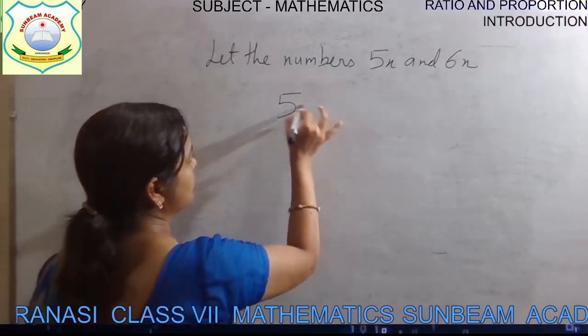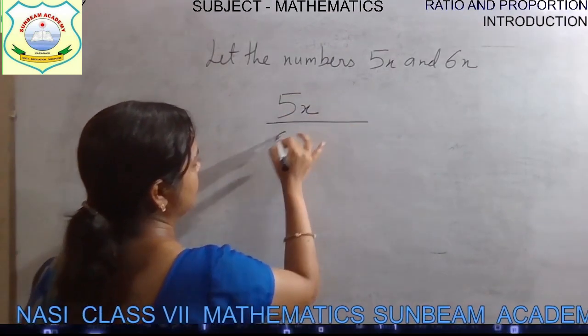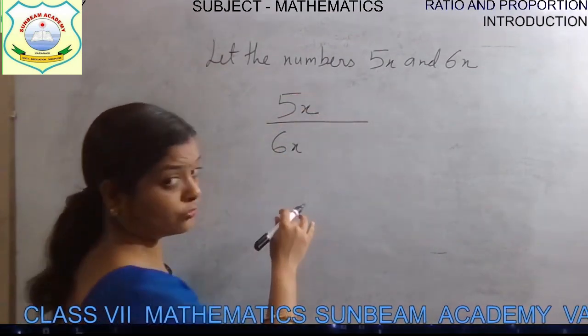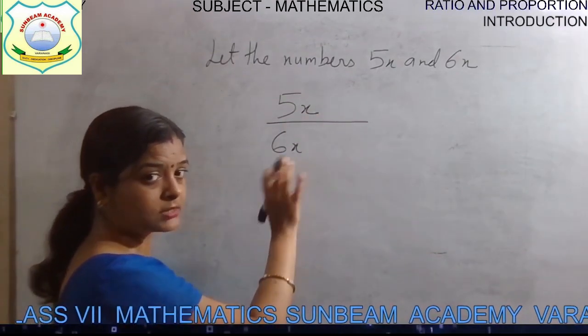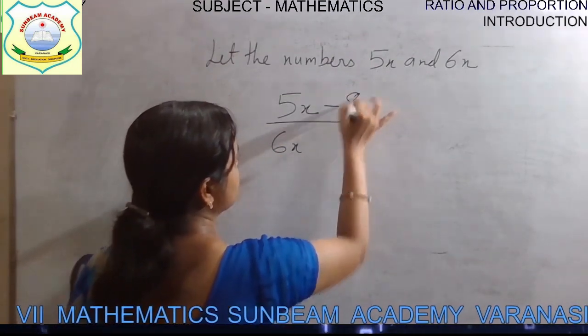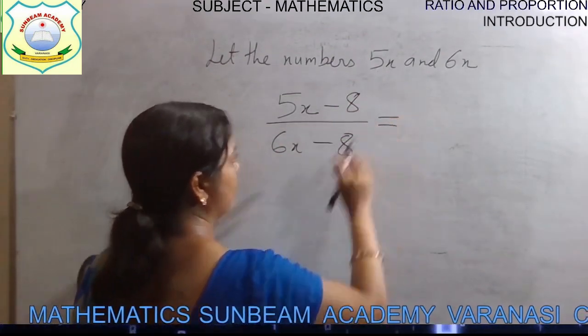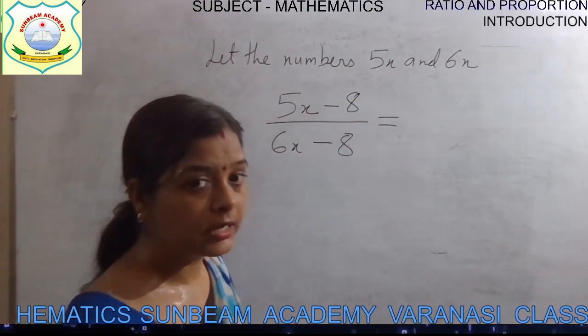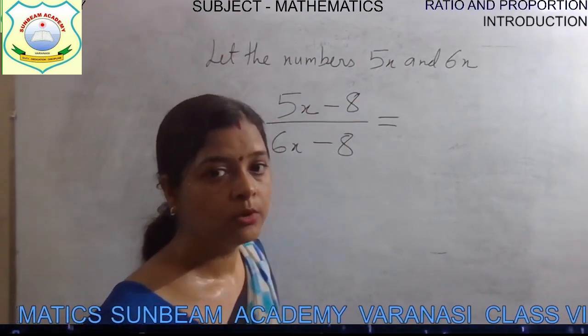Now when both the numbers are subtracted by 8, their ratio is 5x by 6x. If 8 is subtracted, then whatever result forms, its simplest form is 4:5.